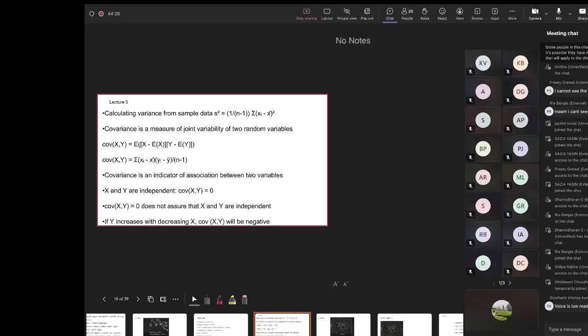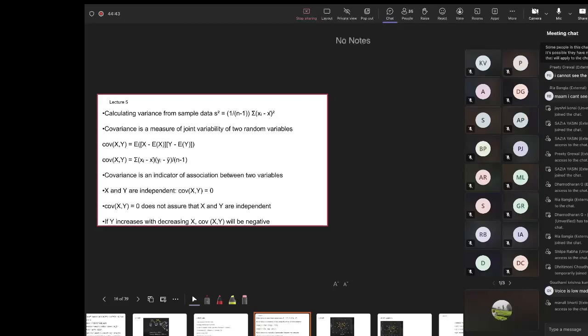But there is another measure called covariance, which is a measure of joint variability of two random variables. So the formula is covariance of x comma y. It's similar to the variance formula. In the variance formula, you are subtracting xi minus x bar and squaring it. But in covariance, you have to subtract xi minus x bar and multiply by yi minus y bar, and finally divide by n minus 1.